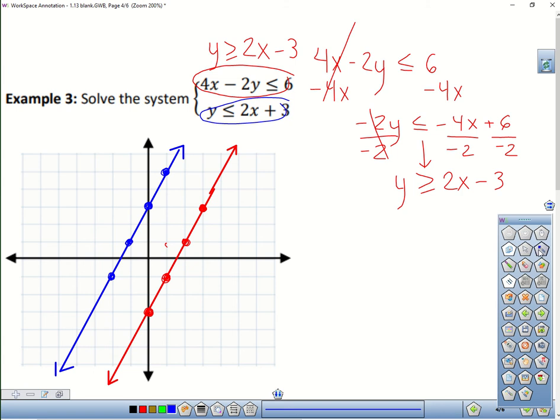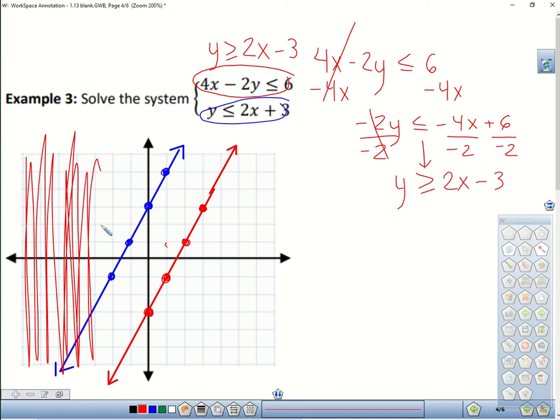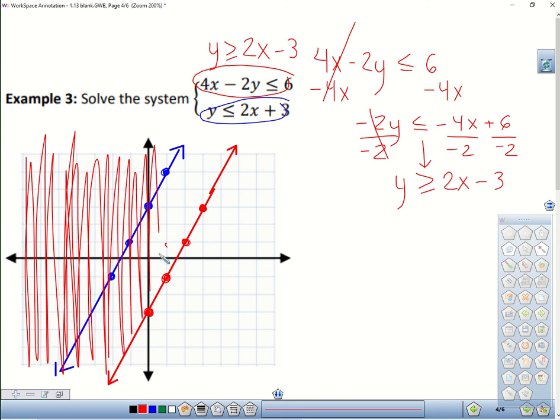Alright, and now we're going to determine the region of shading. You can use either the 0, 0 method, or you can use the memorization method. For the red one, I'm going to be shading above because of the greater than. If you plug in 0 here, you'd see that 0 is greater than negative 3, so we're shading above. So everything above the red is this whole section.